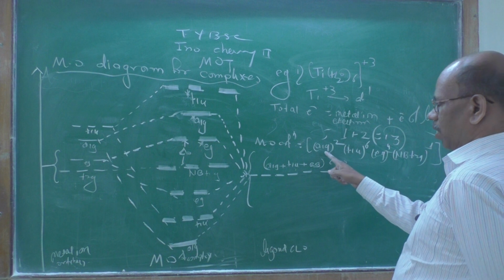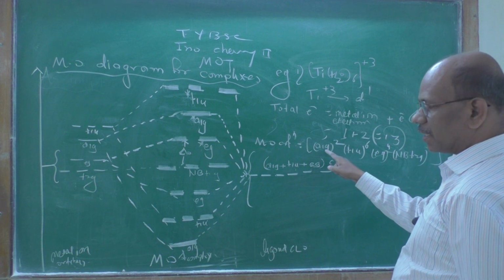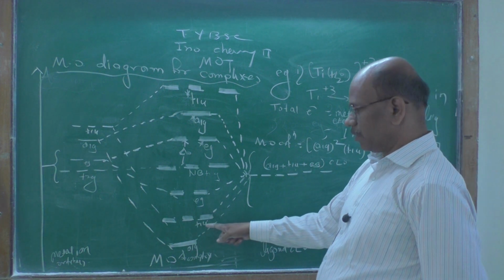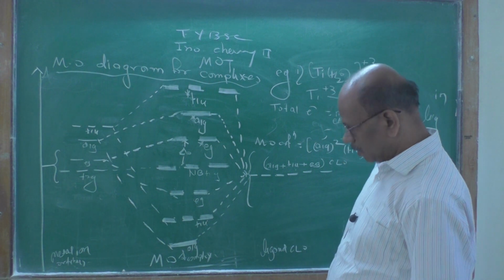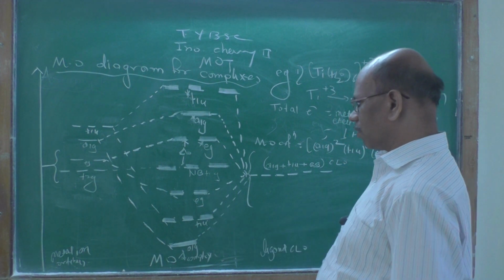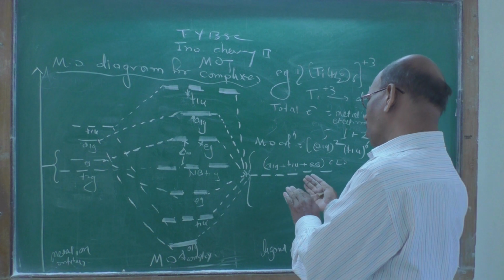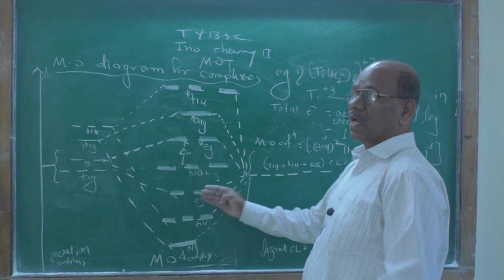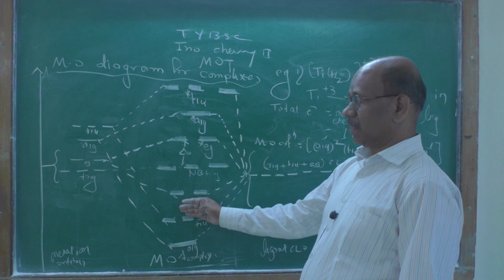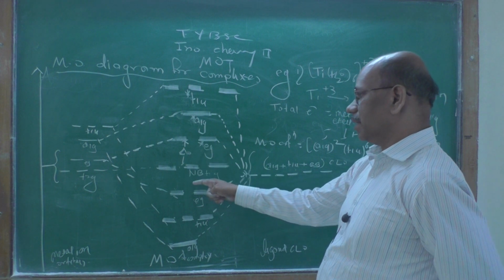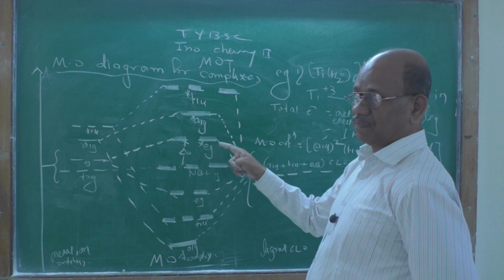So this is the MO configuration. a1g contains 2 electrons, t1u contains 6 electrons, then eg contains 4 electrons. Here all the ligand electrons are accommodated, and the metal electron enters the non-bonding t2g.